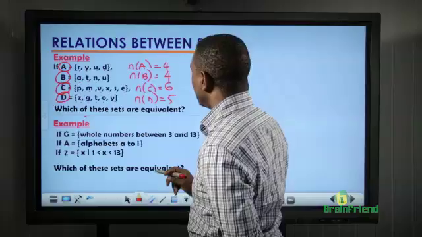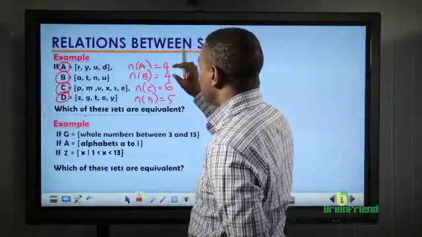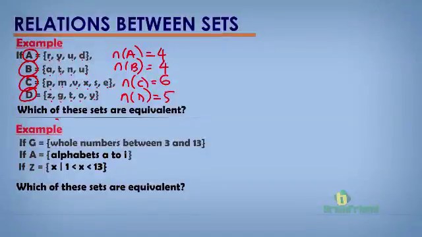So again, if we notice, our set A and our set B have the same number of elements within their sets. So A therefore is said to be equivalent to B. Let's take this other example.